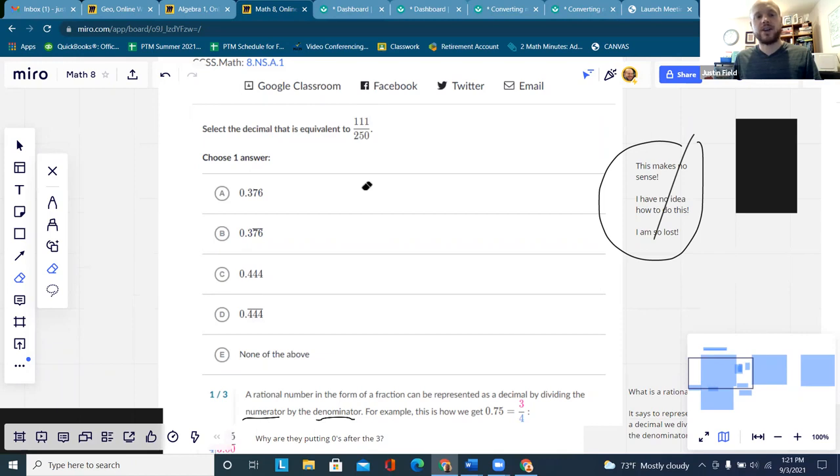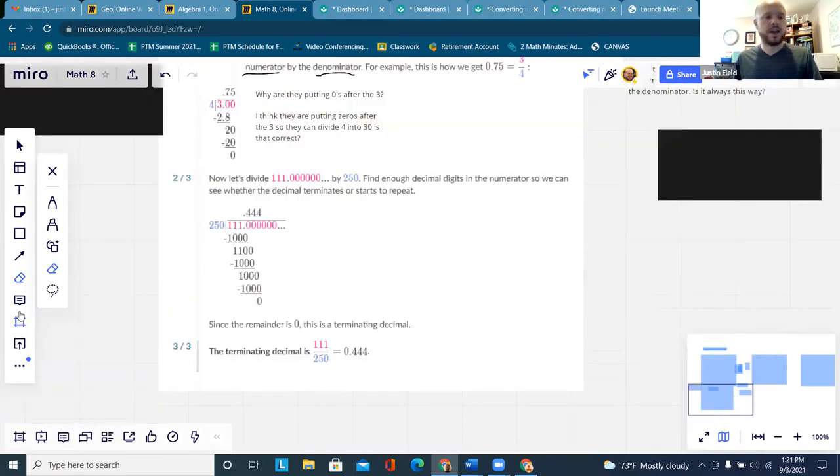So 111 out of 250. Let me go ahead and do that right here. I'm going to start from the beginning. We know that we put the 250 on the outside and the 111 on the inside. So denominator on the outside, numerator on the inside. That's what it said, right? Now, 250 does not divide into 111.